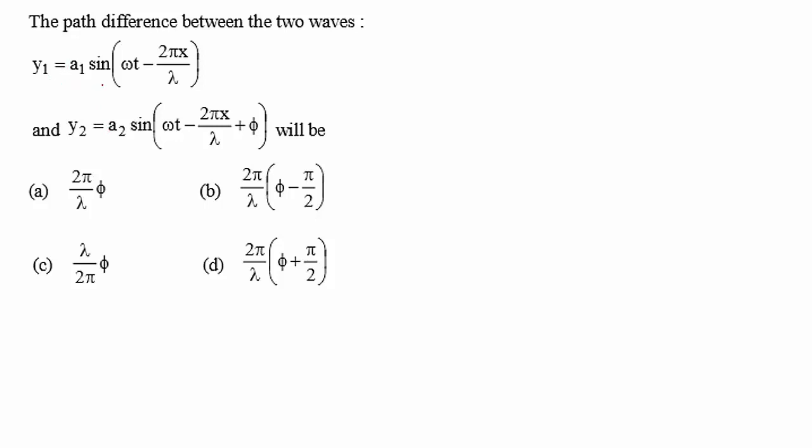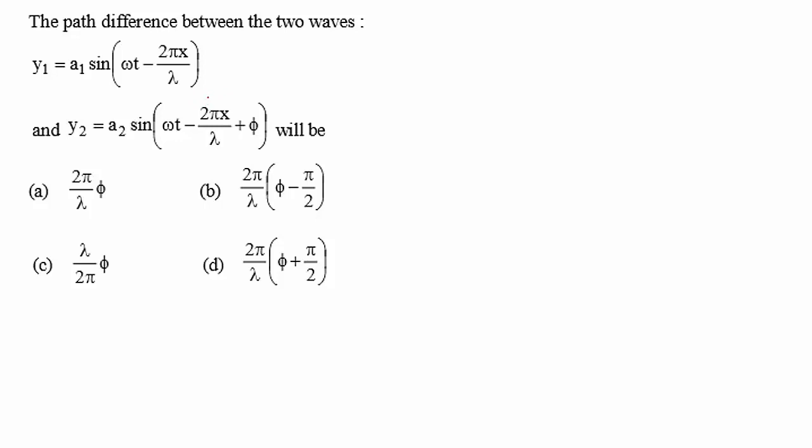The path difference between the two waves, here two equations are given: Y1 equals A1 sine omega t minus 2 pi x divided by lambda, and Y2 equals A2 sine omega t minus 2 pi x divided by lambda plus pi. From these two equations of waves we have to find the path difference between them.